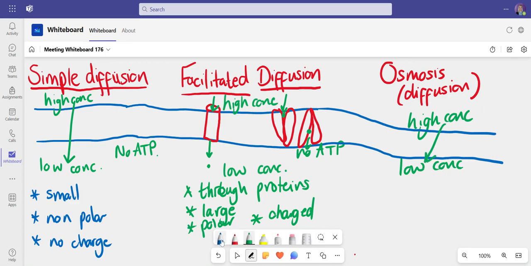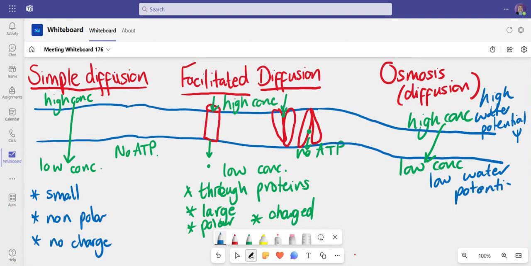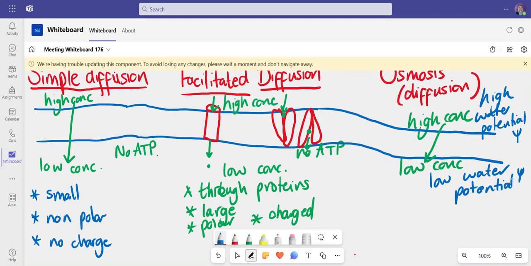Now, when we're using water as our example, you can also say that it goes from high water potential, which has a symbol like this, to low water potential. So water potential can be written simply as that symbol.